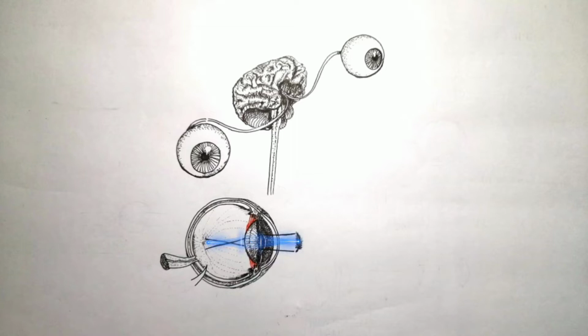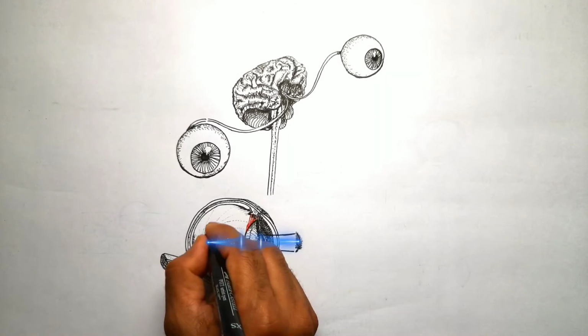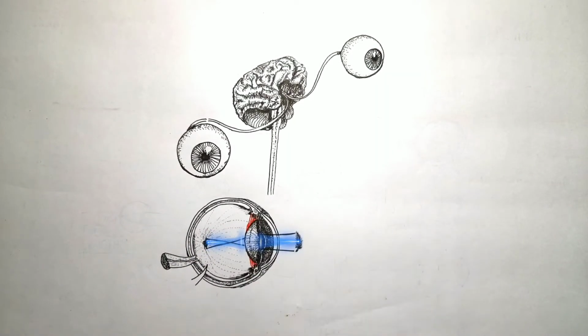The cornea bends those rays for the first time and helps direct the light towards the pupil. Once the light comes past the pupil, it goes through the eye lens. So, that was the simplest path of light entering our eyes.